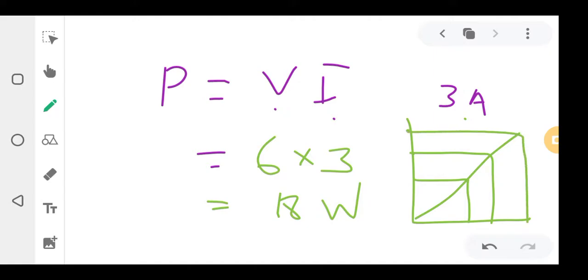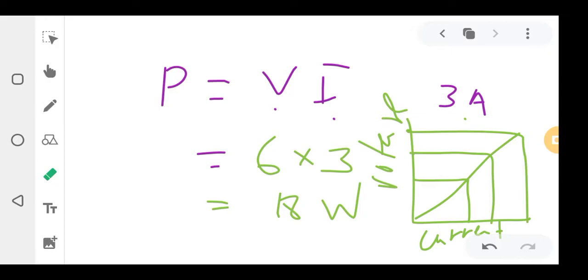This side is always voltage, and this other side is always current. Make sure you practice so that you have understanding. These are what we call voltage-current graphs. You always pick answers from those graphs.